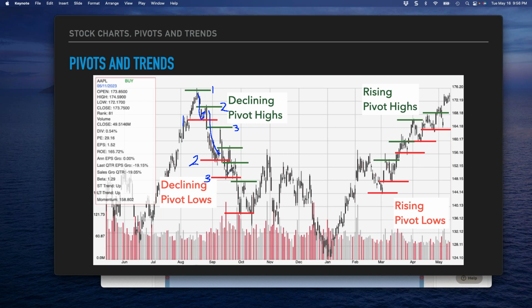Finds pivot low number 3 here, comes to this one, and again extends the downward trend as this pattern of declining highs and lows continues.